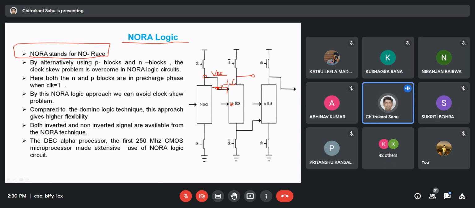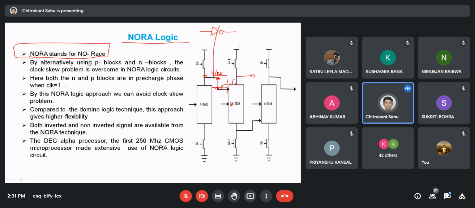If we are using an n block repetitively after an n block, what is the solution? The solution is that either you go for domino logic, where you put an inverter after this particular point and then replicate it. So all the domino logics can be connected in series: domino 1, domino 2, domino 3. This is one method of realizing the circuit.